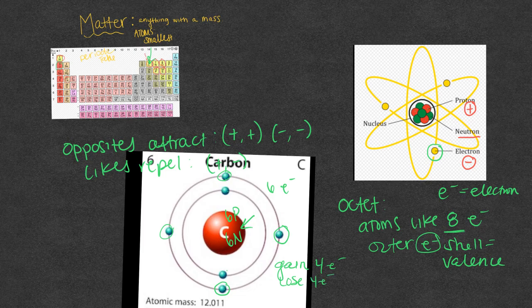But what it's going to do is share to make covalent bonds. What's so cool about carbon is it has lots of bonding options. It can make lots of different types of molecules because of these 4 valence electrons.